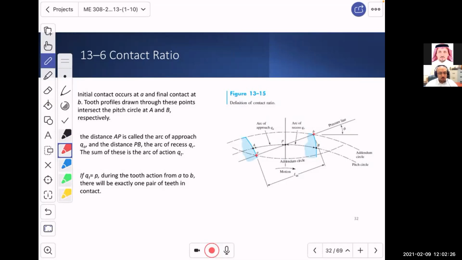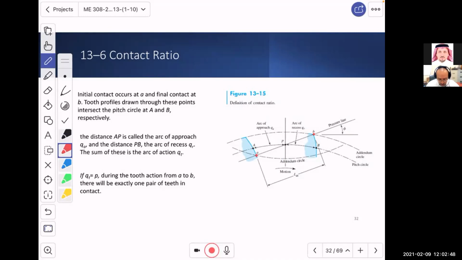But what happens, as we saw in the video, is that while the first pair are in touch, after some moment, before the first pair separate, there is another pair which gets in touch.